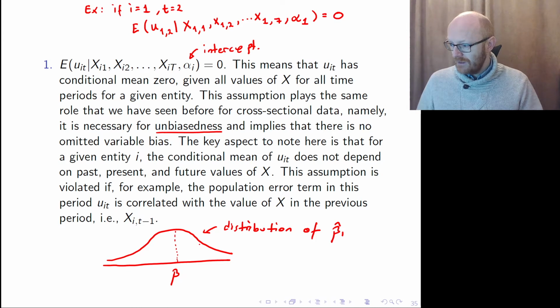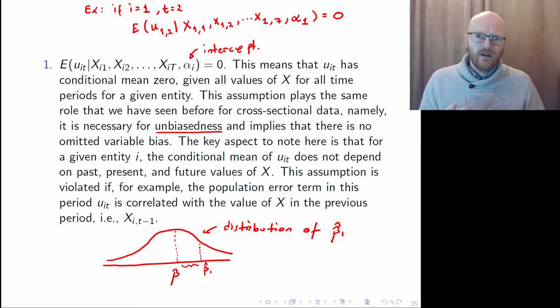And of course, we could get a draw, or we could get a sample beta over here, but we know that it's centered on average on the true beta. And this is when we can actually use our probability theory to say something about is this a realistic value given the null hypothesis.